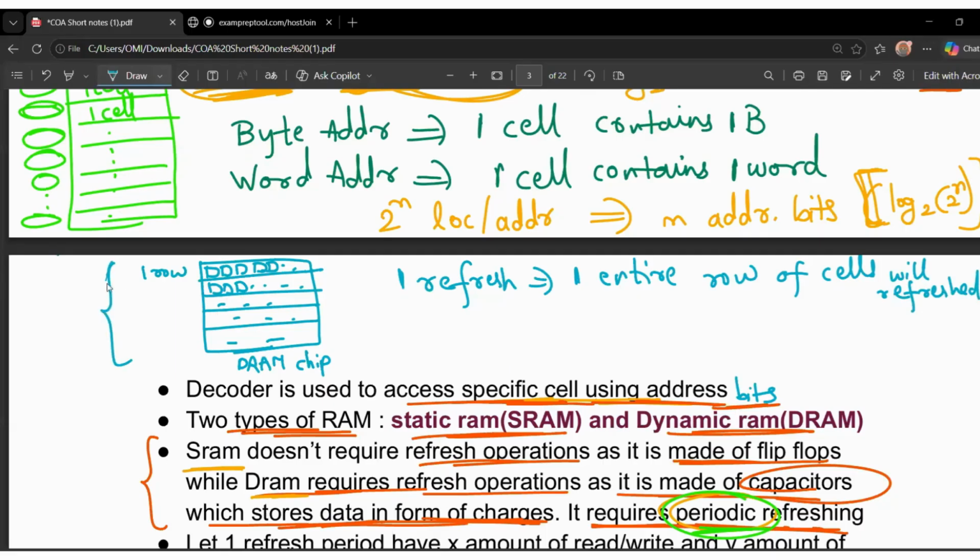Now if you want to refresh this entire chip, what is the total time? We have to refresh each row: this row, this row, this row, and each row. So number of rows into one refresh time. Yes or no?